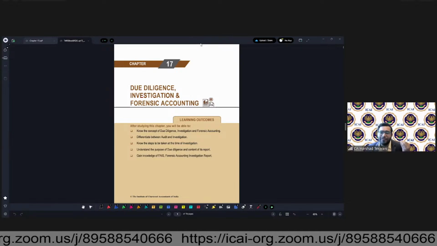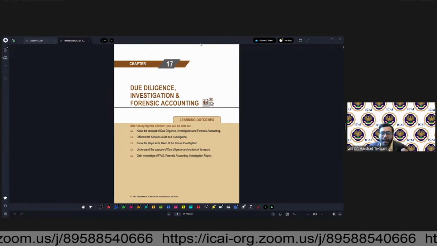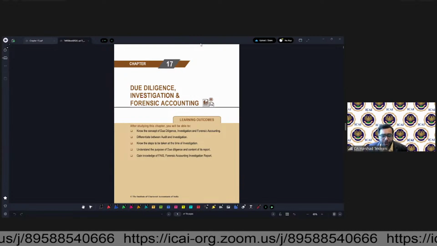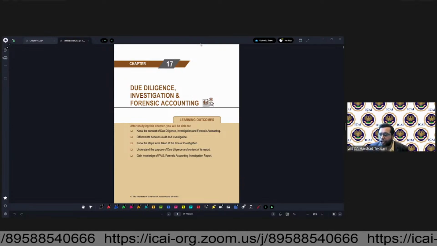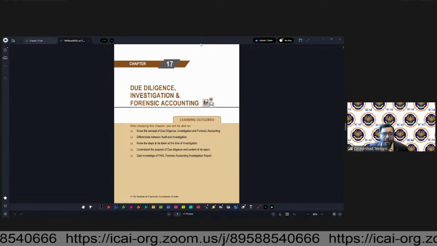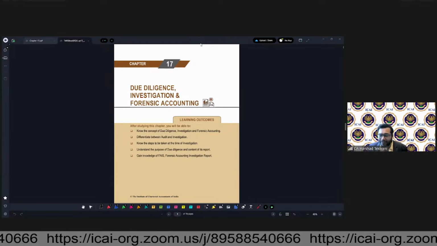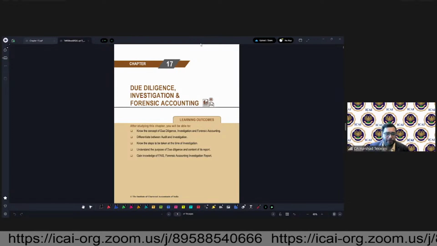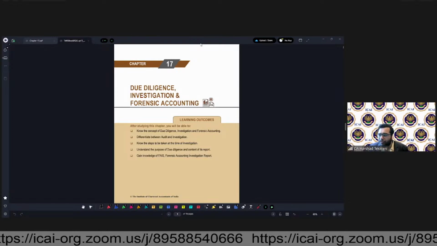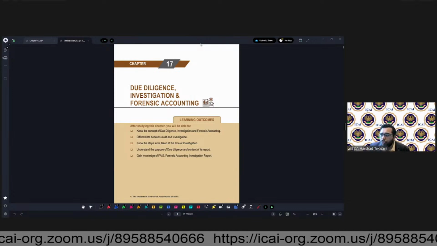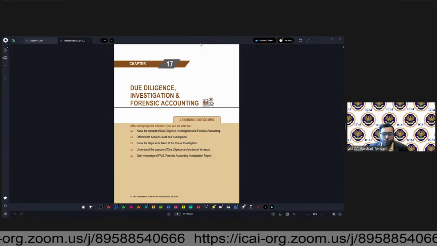Like if X is investing in Y company, then X will carry out a due diligence, or appoint someone to carry it out, of Y company. Based on that, he may identify a few things that he may want to take up for discussion or negotiation of the terms and conditions of the transaction. So you can understand due diligence as a tool.